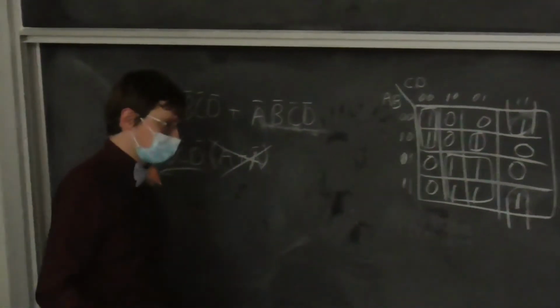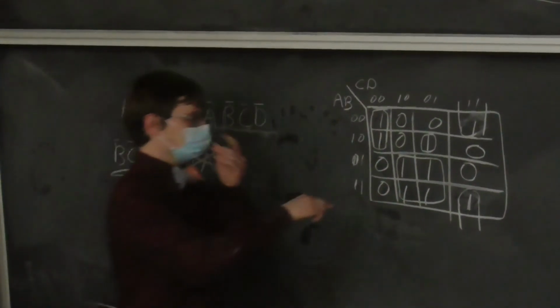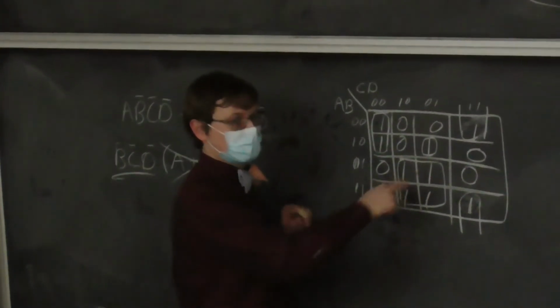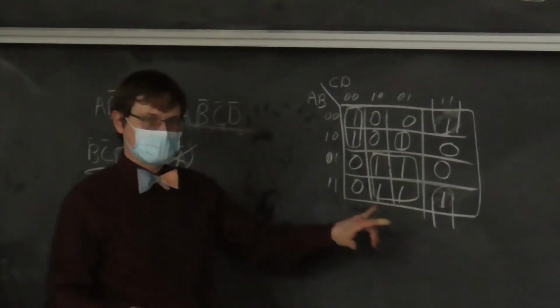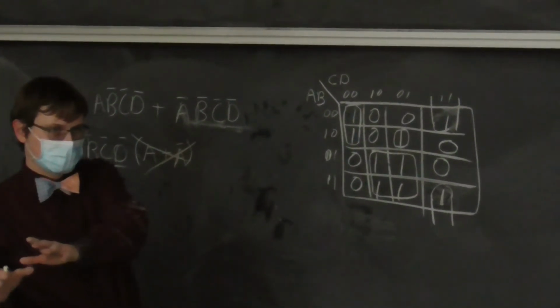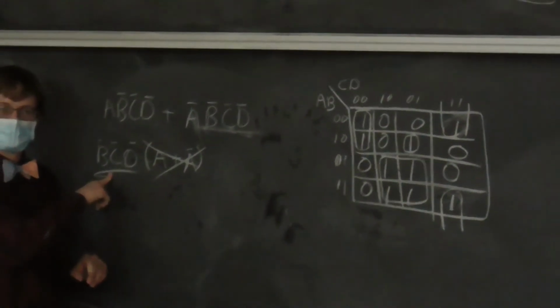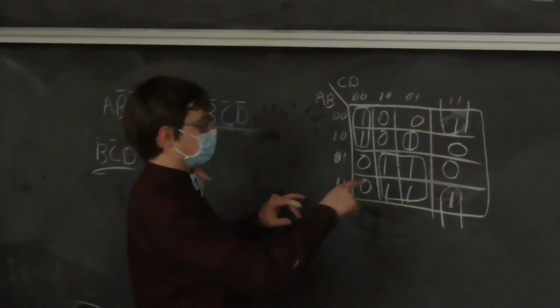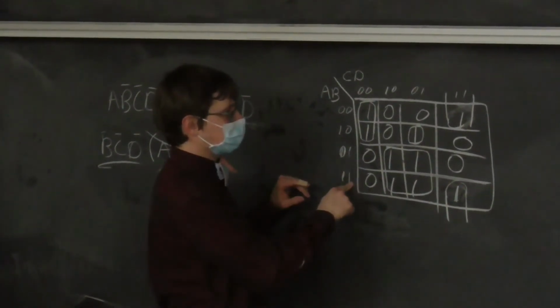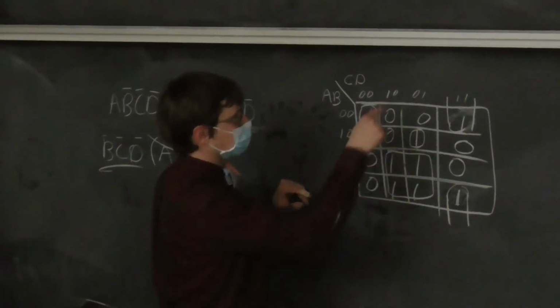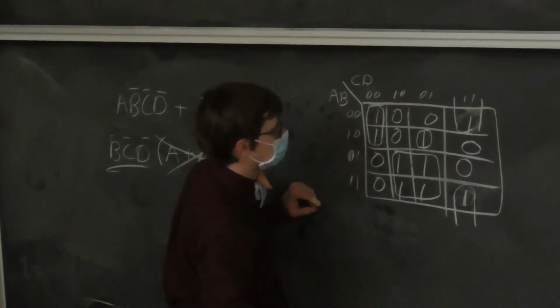The larger the section is, the fewer terms you have in the eventual term. So in this case, the things that are constant are B and, oh shoot.